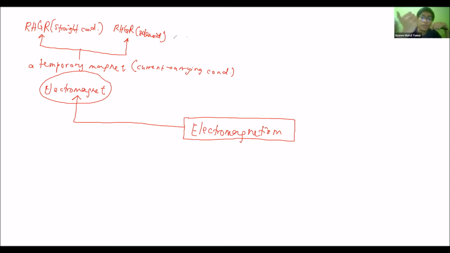For the right hand grip rule for a solenoid, the fingers show the direction of the current flow in the solenoid as we see it from the front, directly facing it, not from the back. The thumb shows the north pole, and immediately after that we can know the south pole.